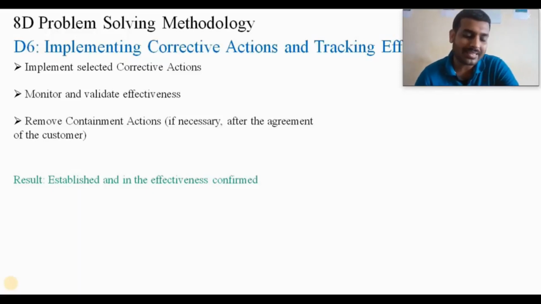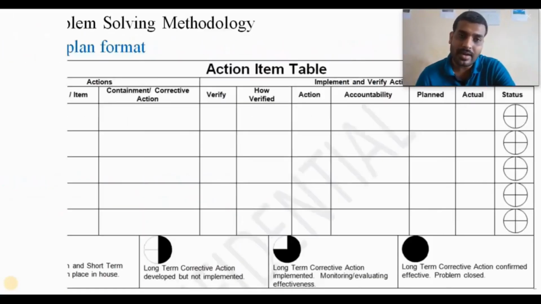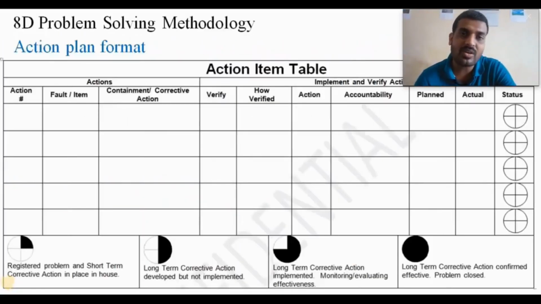Now we will see the action plan format for implementing the actions. This is a sample action plan format. Here you write the number of actions, 1, 2, 3, 4, whatever you have identified. Then write what the cause or defect was, what containment action you have taken, how you verified the root cause, who verified it, how the verification was done, and what action you are going to take.